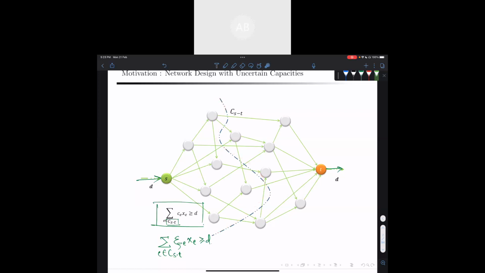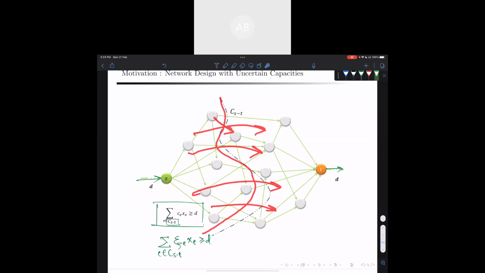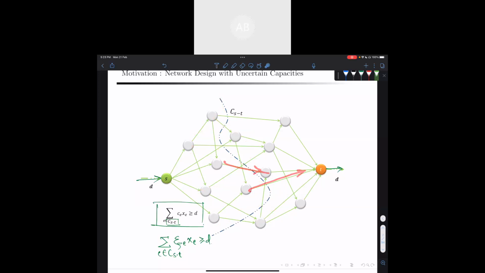Then I need to make sure that at least the amount of flow is passing through this partition. So all the arcs going from source set to sink set must be able to carry that much flow. Does that make sense? Yes. Right, so that's what this constraint says.